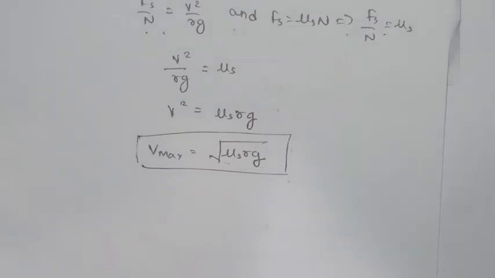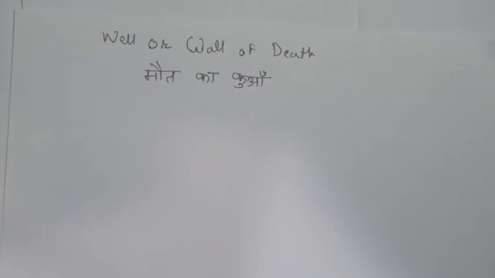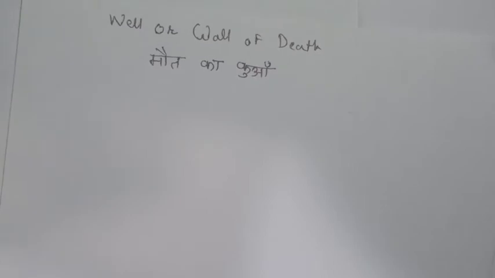Now let's move toward another application, that is the well or wall of death. You may be aware of this as मौत का कुआं. If you have ever gone to a circus, if you remember, there is a term like मौत का कुआं in which a stuntman performs circular motion.